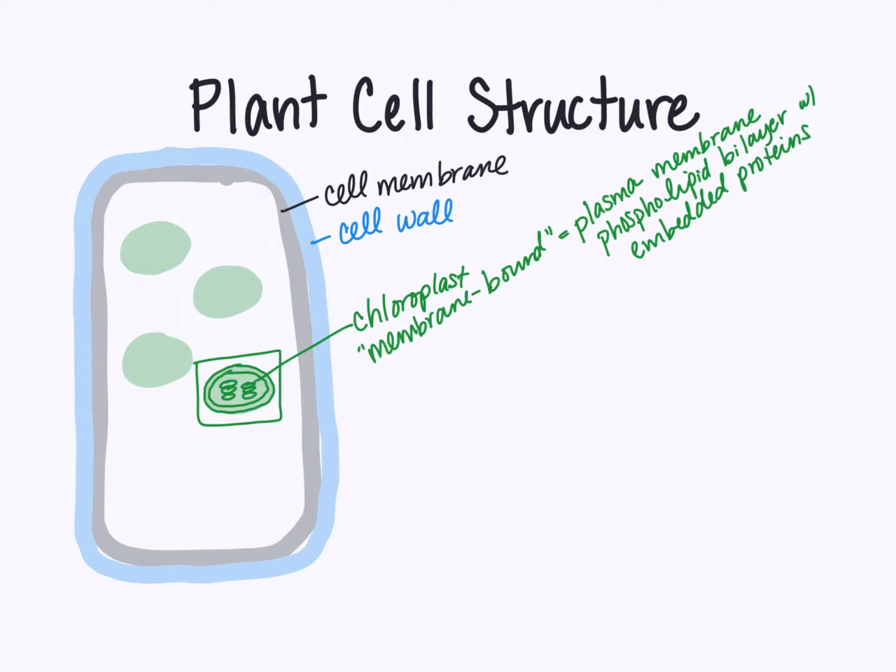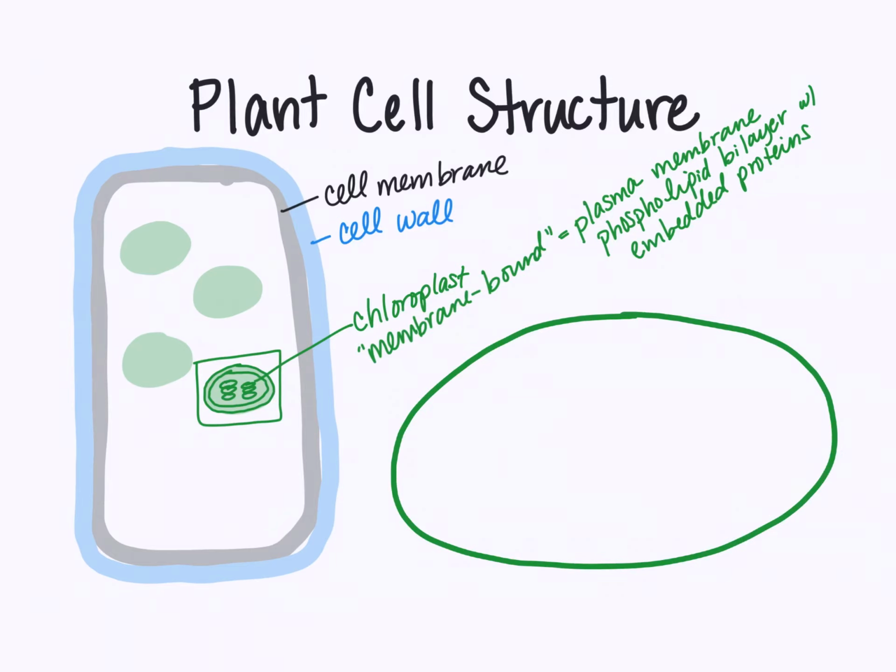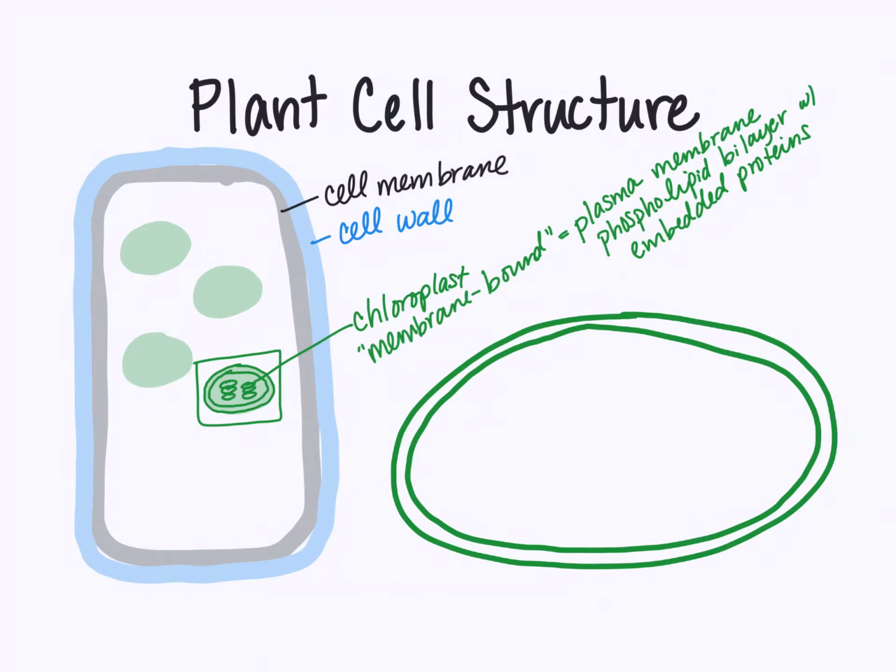So once again, if I were to zoom into a chloroplast and draw it over here, the chloroplast would have this double membrane here. And if we were to zoom into a bit of this double membrane, once again, we would see that phospholipid bilayer.